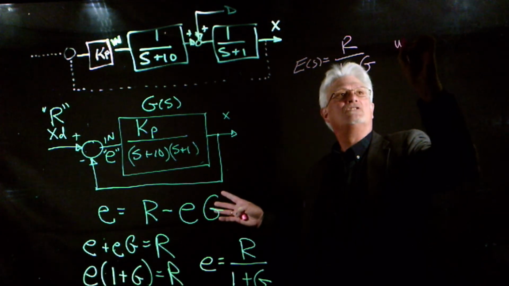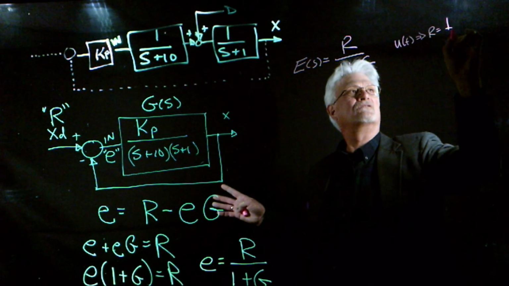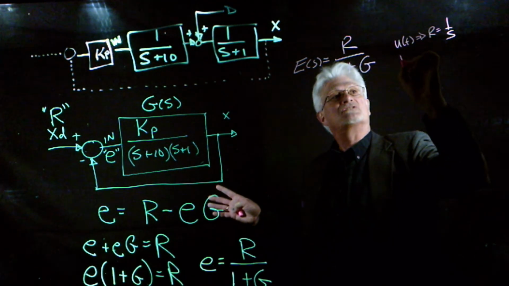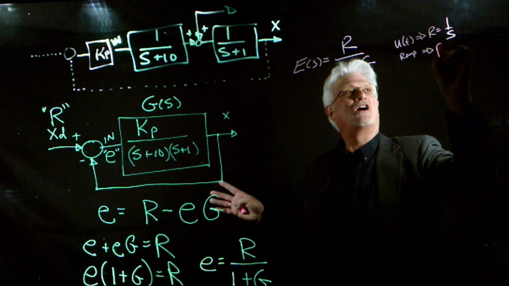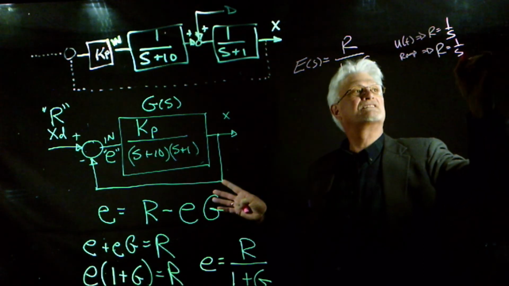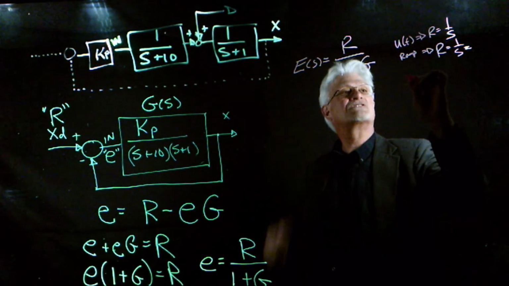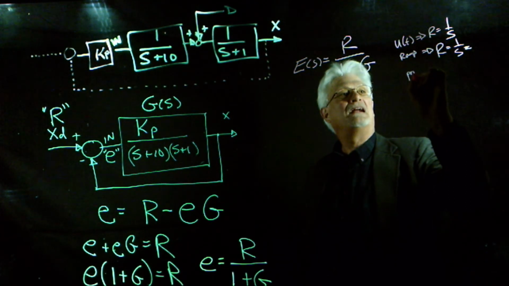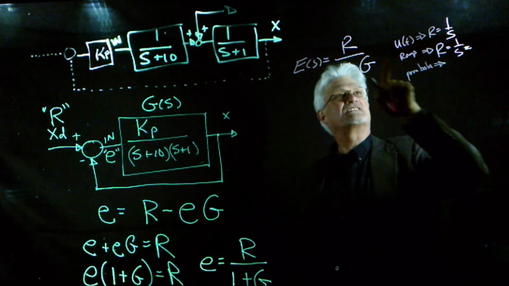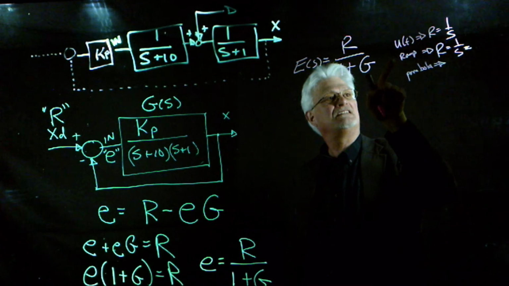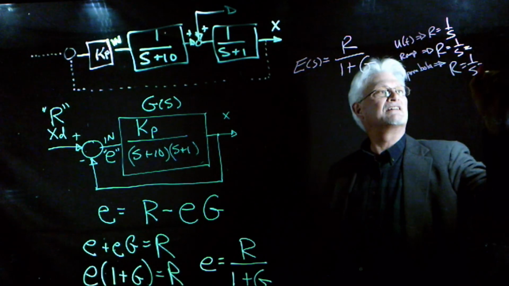So we know that U of T gives me R equals 1 over S. I can use the ramp function, that gives me that R is equal to 1 over S squared. And then also, I'm going to give you a parabola. This is acceleration. So this is position, velocity, acceleration. That means that R is equal to 1 over S cubed.